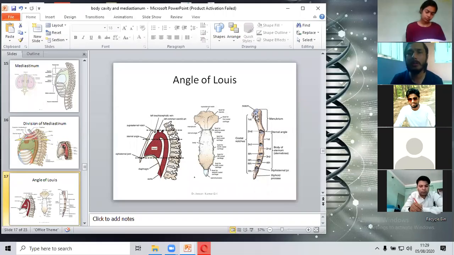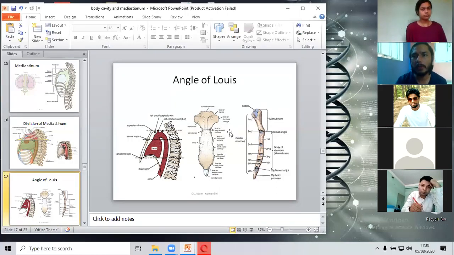The first rib we cannot feel in the living body because the clavicle covers it. Now just feel the sternal angle in your body and go laterally, and you will find the second rib, like that.